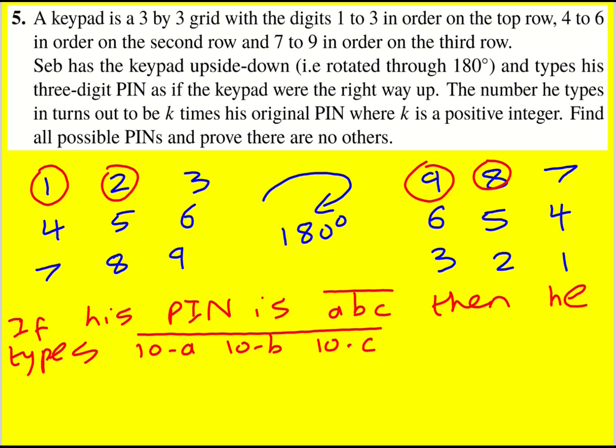So I want to go from this into powers of 10 form. So like 23 is actually 20 plus 3.